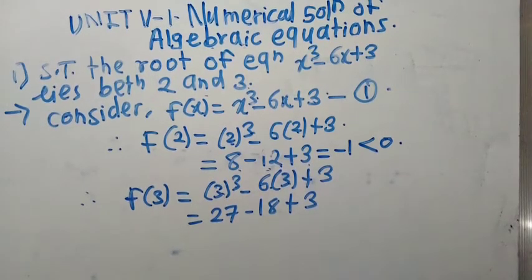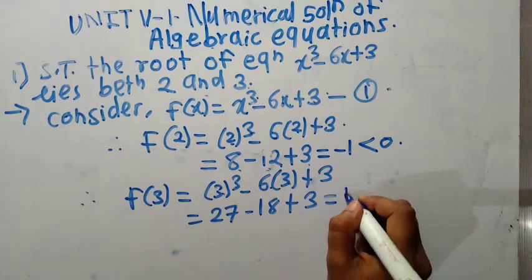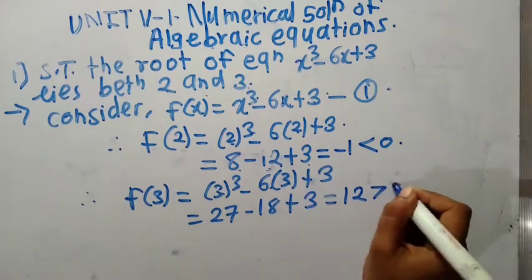So 27 minus 18 is 9, 9 plus 3 is 12, is greater than 0.